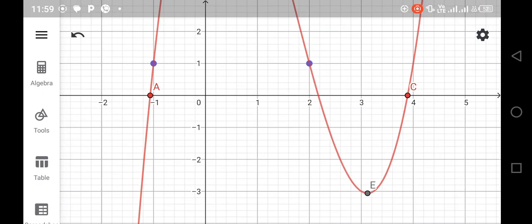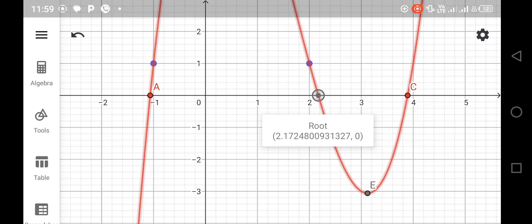So that is the root at that particular point, 2.17 or 2.2. We have used that graph to estimate the value of x between x equals 2 and x equals 3.